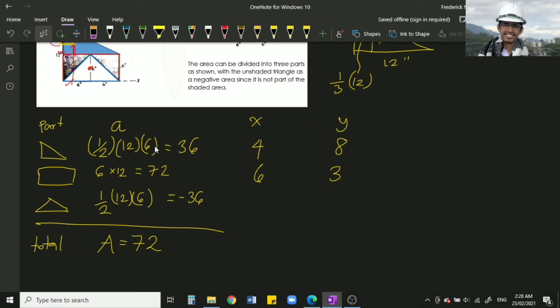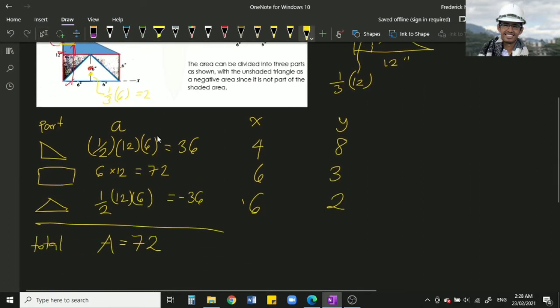So yung x natin same lang din, magiging 6. And yung bar y natin, dito yung centroid ng ating triangle. So yung bar y natin, that will be 1/3 times yung height niya is 6. So that will be 2. Okay? So this will be 2.